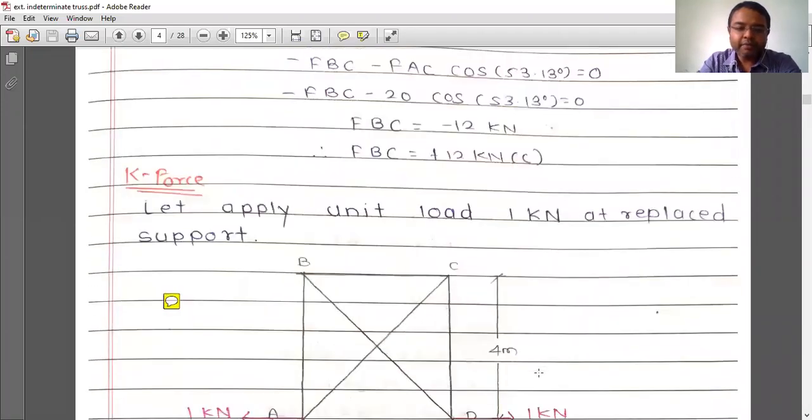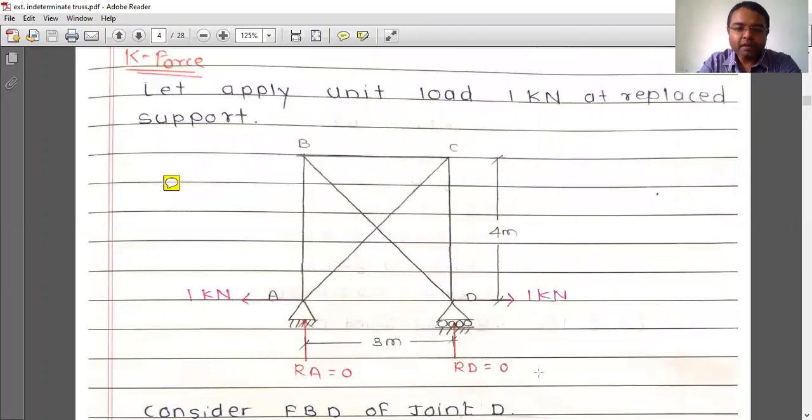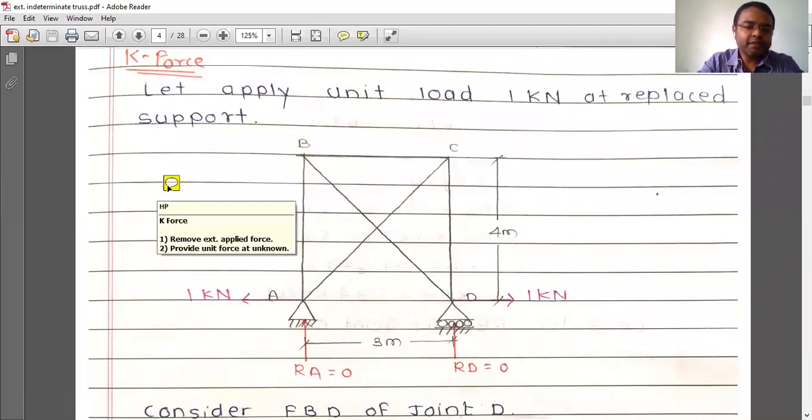Now apply K forces. Now this part is important while consideration of K forces. So what we are going to do in K forces, first of all, we have to remove all the externally applied forces. That is the first step.